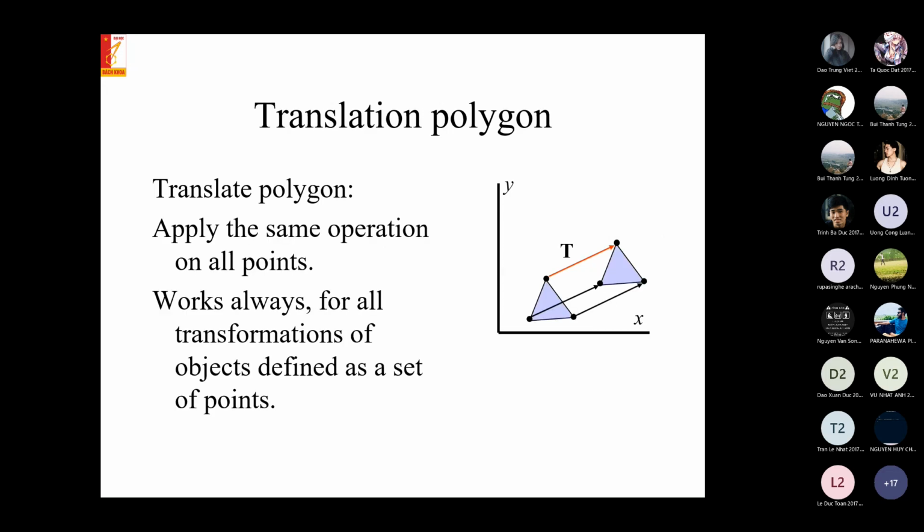And similarly for polygons, the translation of polygons, we apply the same operation for all points. So for any transformation of the object, we define a set of points.